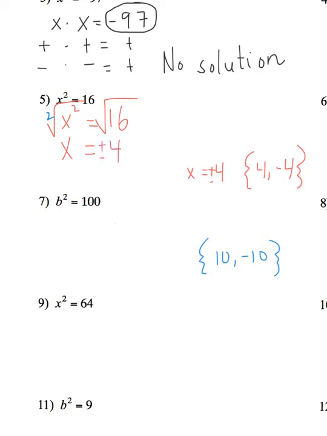Positive 4, negative 4. Same thing we do for number 7. We have b squared equals 100. To get rid of this square as an exponent, we take the square root. These two 2's will cancel out. Remember, what you do to one side of the equation, you have to do to the other. And you get b equals positive 10 and negative 10.